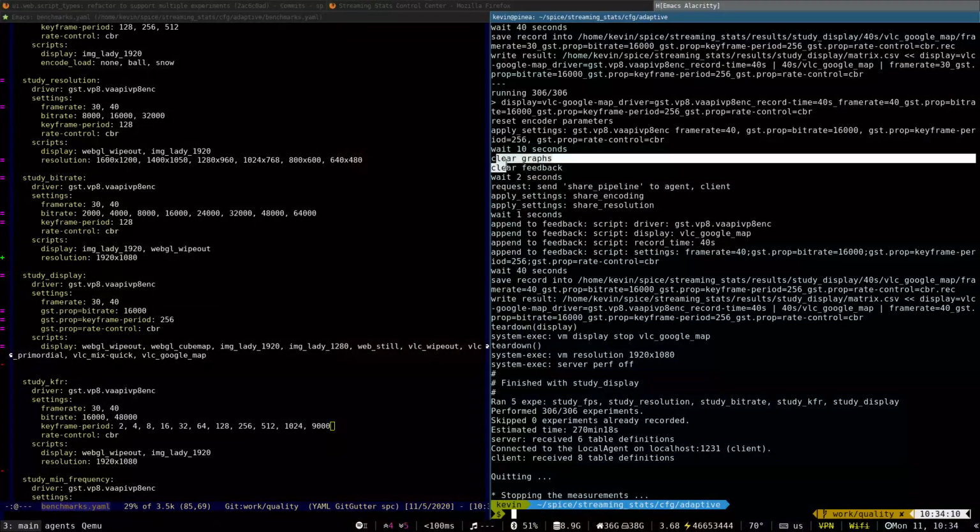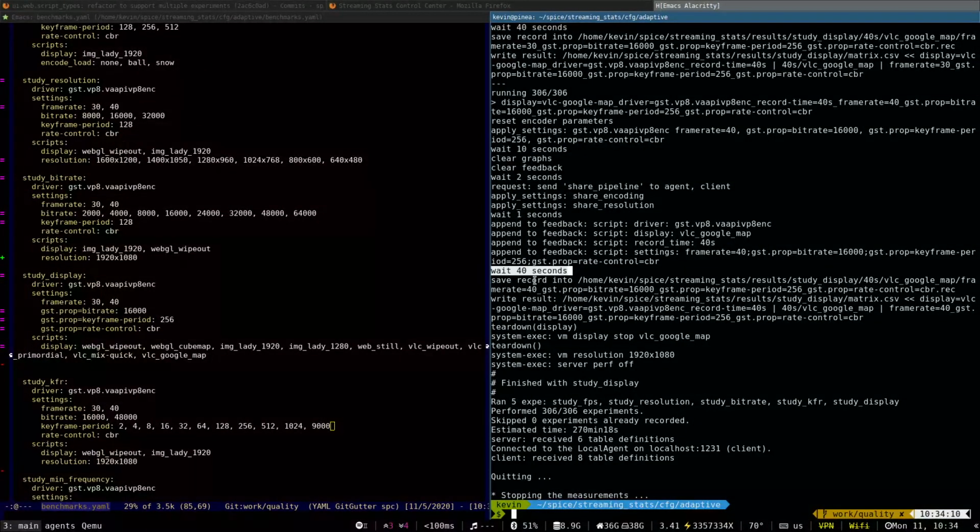It will clear the recording, and ask the different agents to share information such as the resolution, the encoding, and also the GStreamer pipeline, to have a very precise understanding of the parameters of the benchmark. And then, when everything is applied, we wait 40 seconds, save the result, and go to the next experiment.